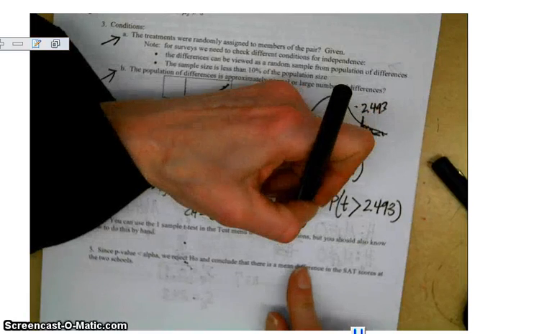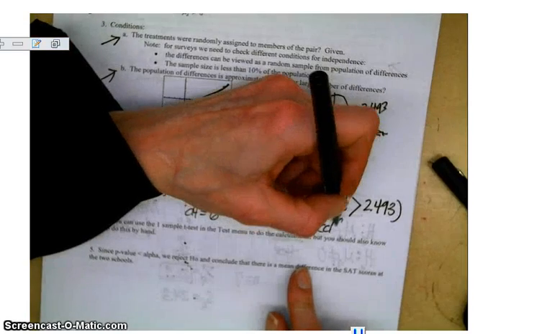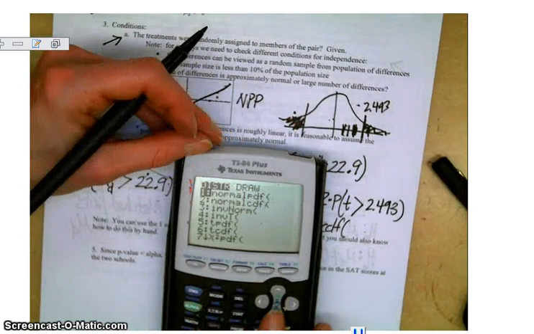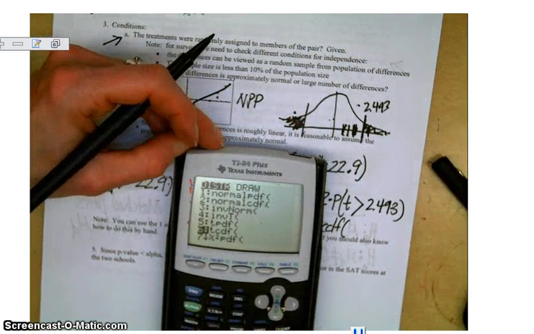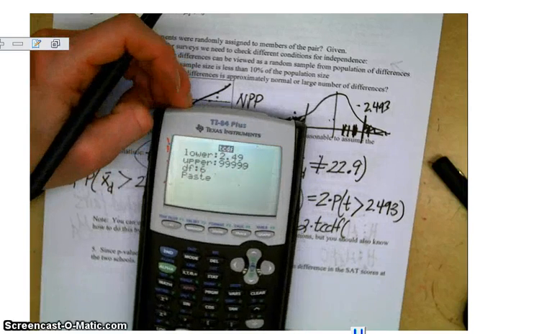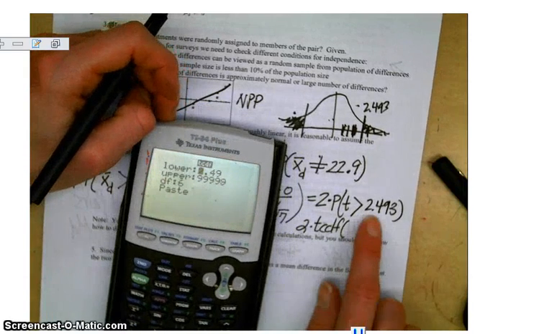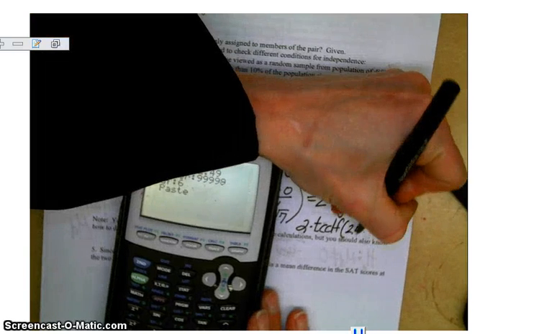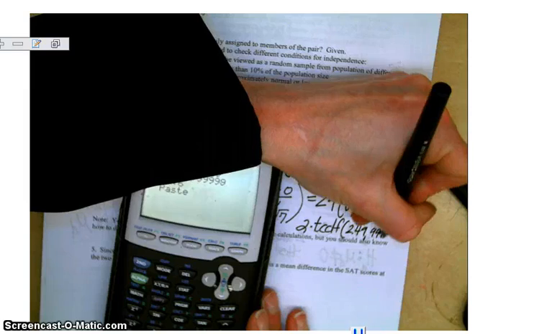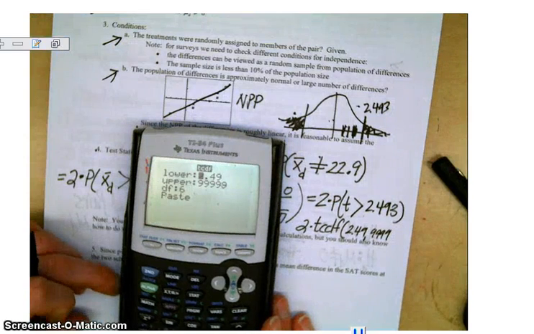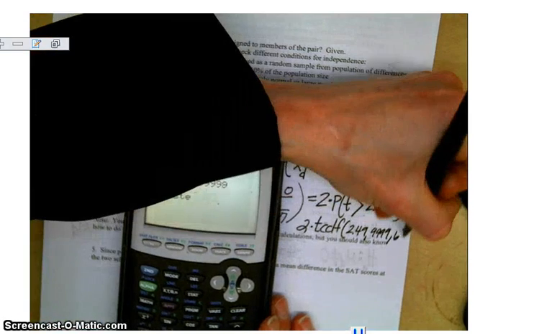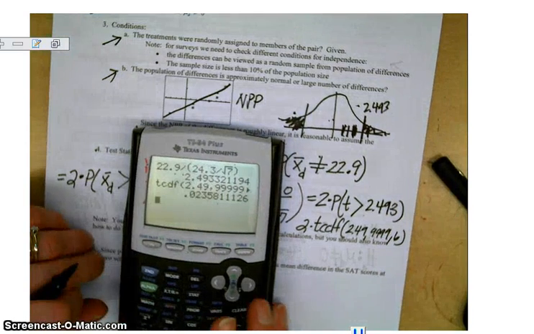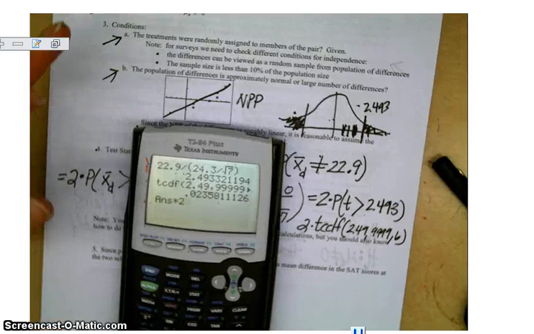So now I'm going to go 2 times TCDF, and your lower bound, so second distribution, TCDF, number 6. And my lower bound is the 2.49. And my upper bound is infinity, and my degrees of freedom is 6. And then I take that p-value times 2.